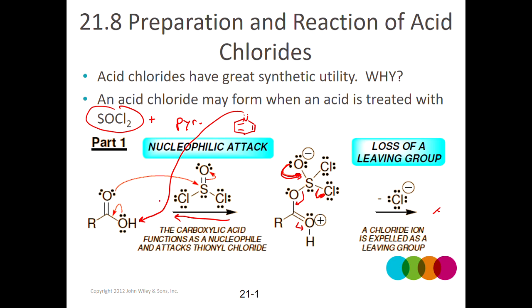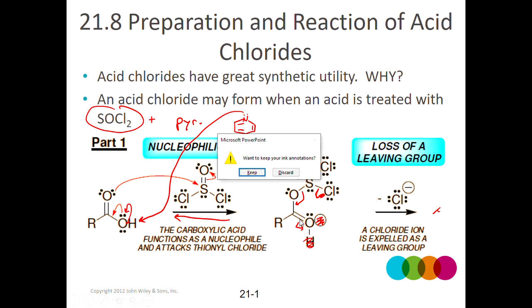So you can imagine the pyridine picking off this proton and this electron pair staying behind on that oxygen, and then attacking the sulfur to form this intermediate, but the proton wouldn't be there. And so that would avoid one of these formal charges and make the first intermediate more likely to occur as well.